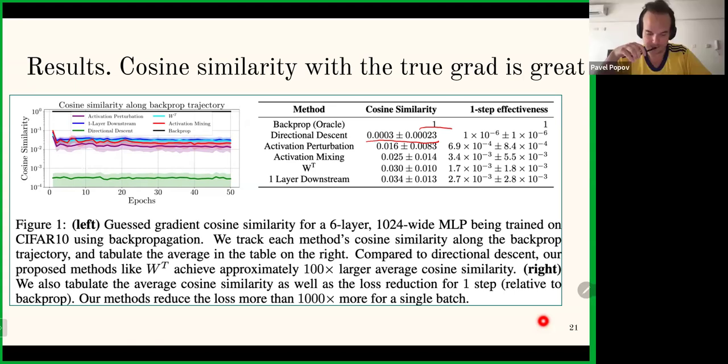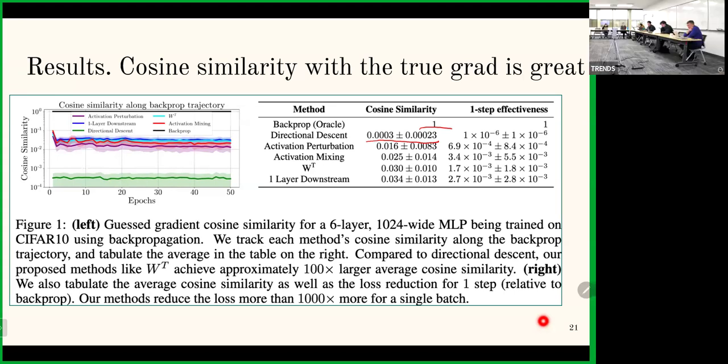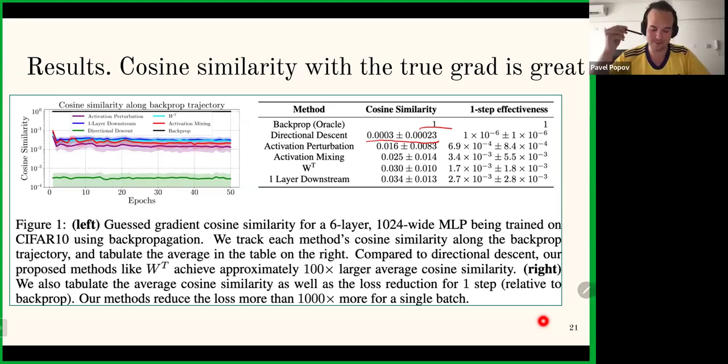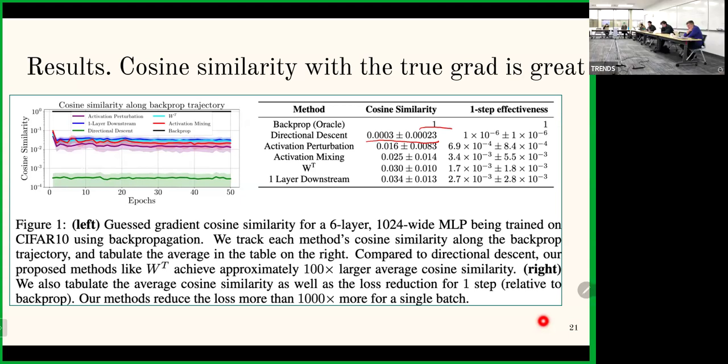Let's maybe call the true gradient the gradient computed for the mini batch, or the stochastic gradient, these kinds of things. So that back propagation is actually the true gradient. Back propagation is the true gradient here, I assume. Yeah, let's define it this way, up to the numerical precision of the machine.